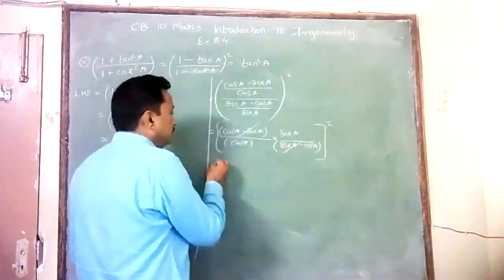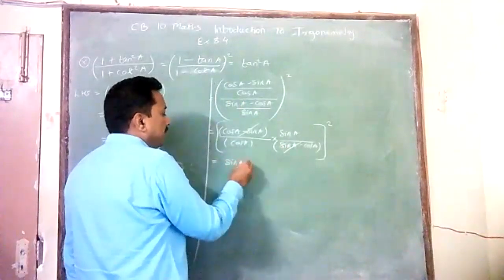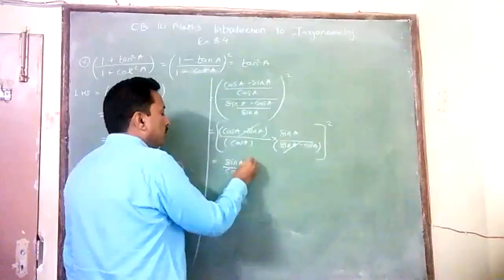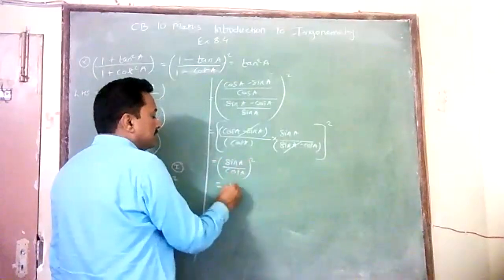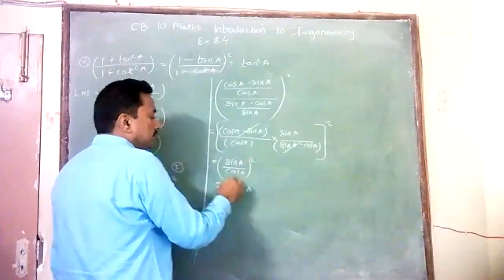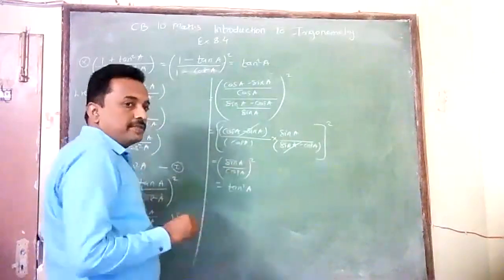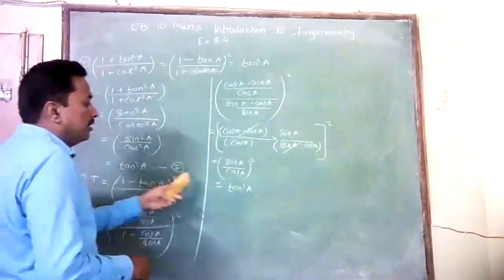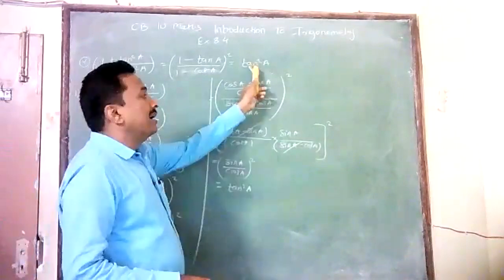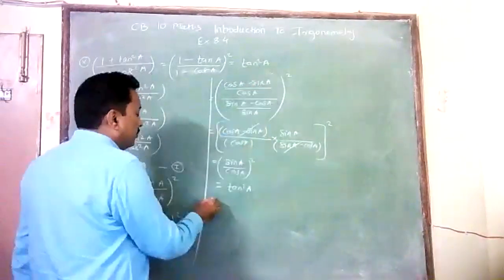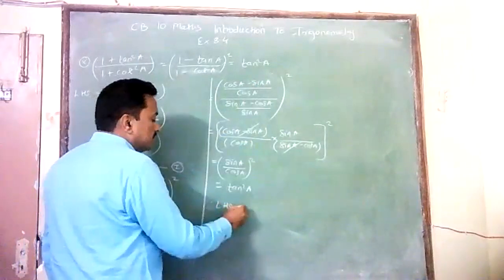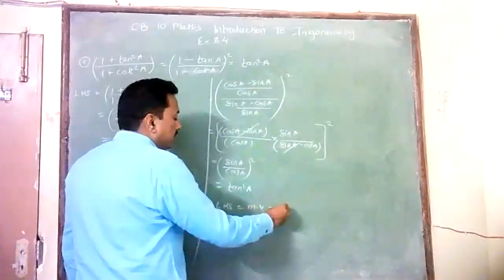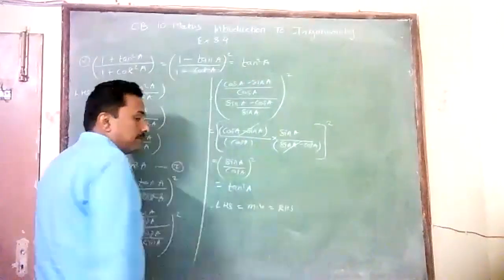So we have sin a upon cos a whole bracket square, so that is tan square a. So left hand side tan square a, middle term tan square a and right hand already tan square a, therefore LHS is equal to middle term is equal to RHS. Sum solved, chapter also completed.